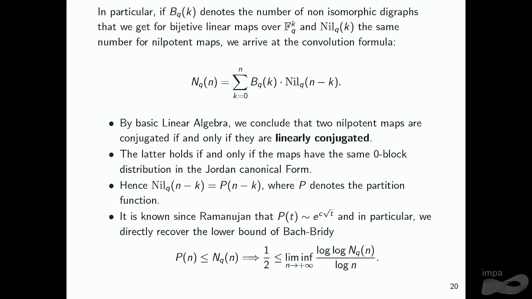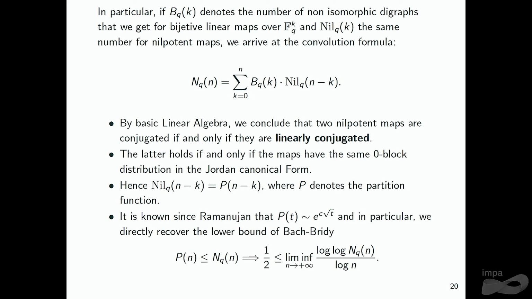And in particular, looking at this formula here, we get this lower bound, right? So the number of distinct digraphs is at least the number of distinct trees. And the number of distinct trees is about this number, right? So we can actually recover the limit that was proven by the other two authors, right?